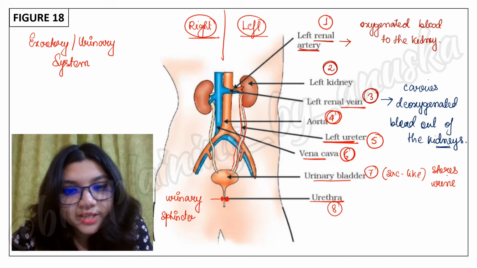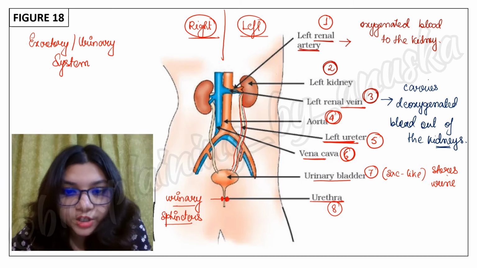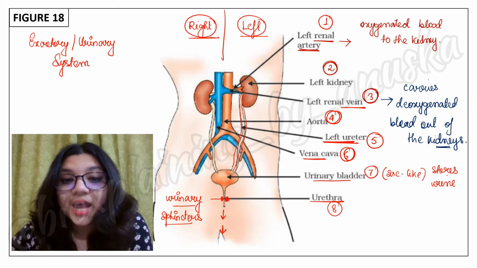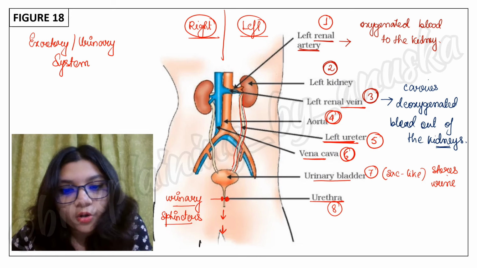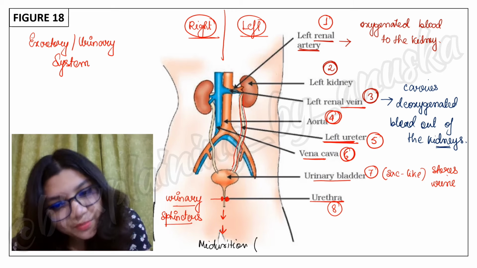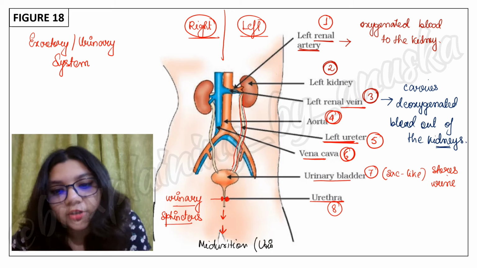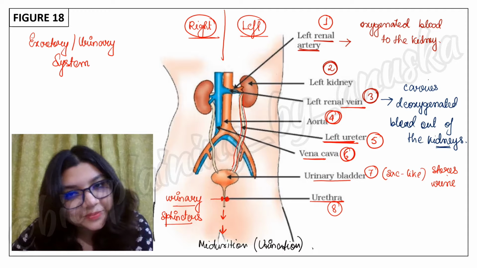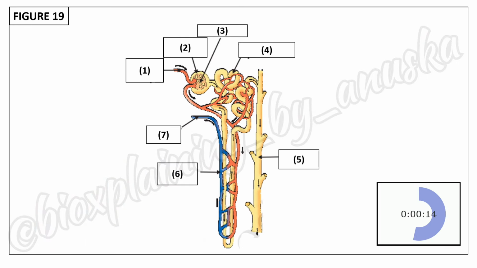So when these urinary sphincters open, the urine comes out from the urethra to outside the body. And this event is what we call micturition, or in simple day-to-day language, urination. So the parts and functions of the excretory system is clear.